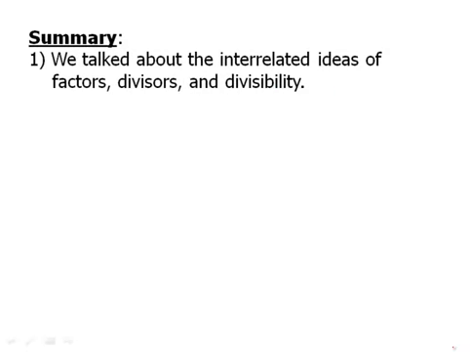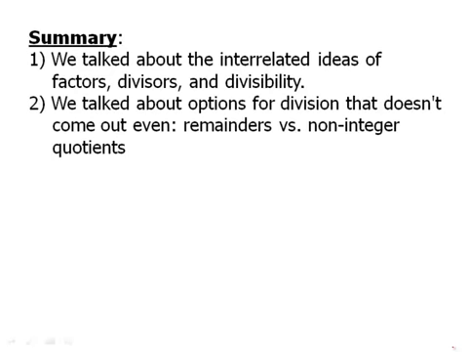In summary, we talked about the interrelated ideas of factors, divisors, and divisibility. And it's very important to realize that the test will use these interchangeably. It's very important to recognize the connection between them. We talked about options for division that doesn't come out even, remainders versus non-integer quotients. And again, the non-integer quotients, you can go back and look at the fraction and decimal videos for more information on that.